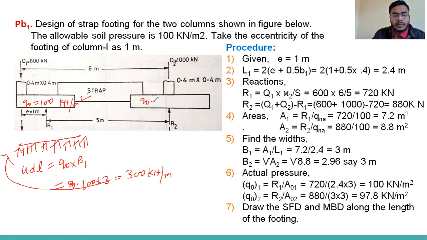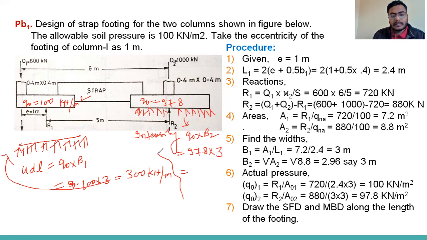Now here Q naught is 97.8. So we will calculate the intensity at the base of this footing. Direction will be in upward direction. So we can write Q naught into B2, that means 97.8 into 3.